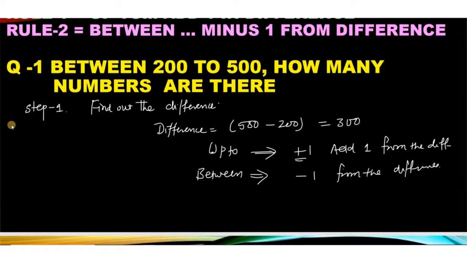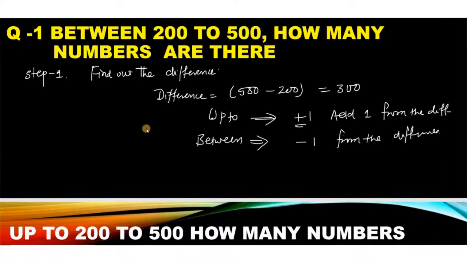So now, number between 200 to 300, what is being asked? It is being asked number between.